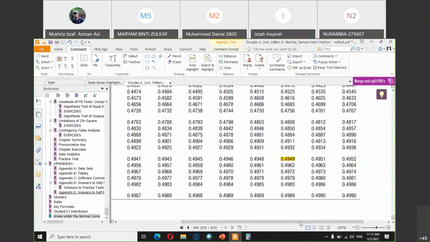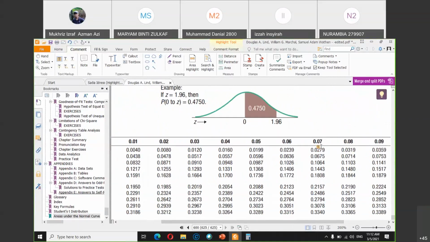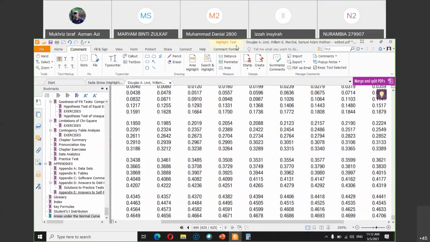So what is the corresponding Z value? It will be 2.57. So we can say that for 99% CI, the Z value will be 2.57.